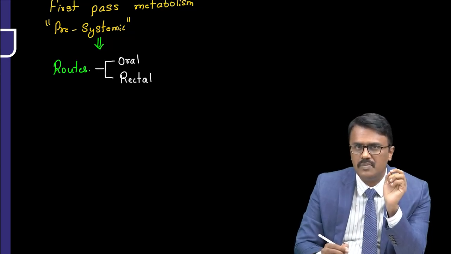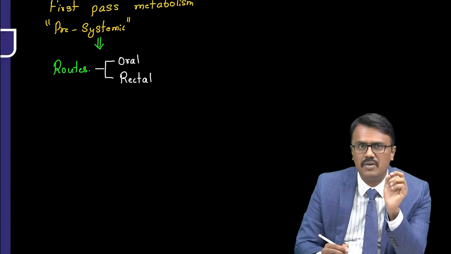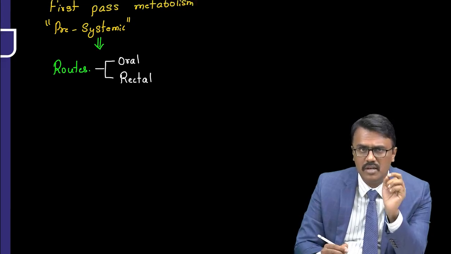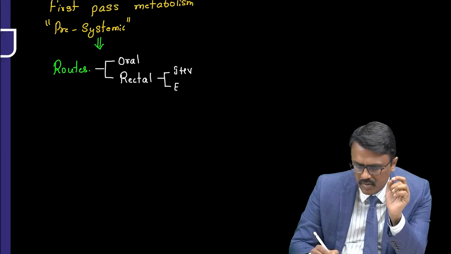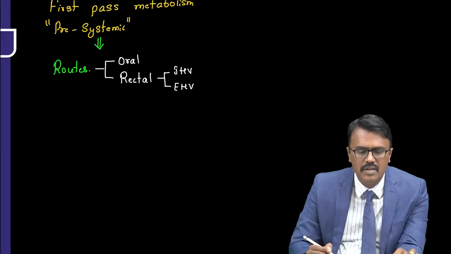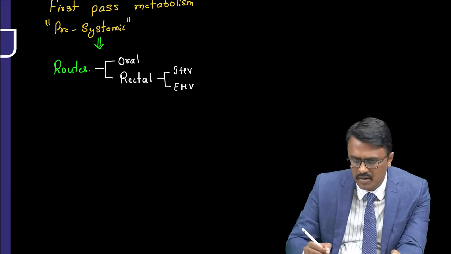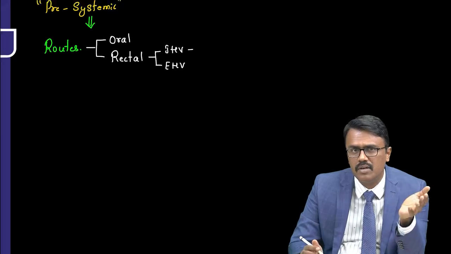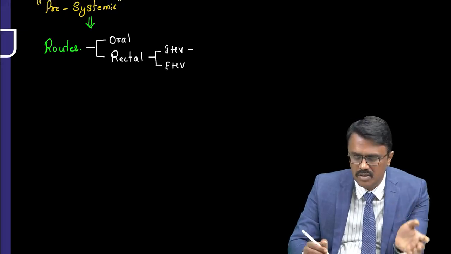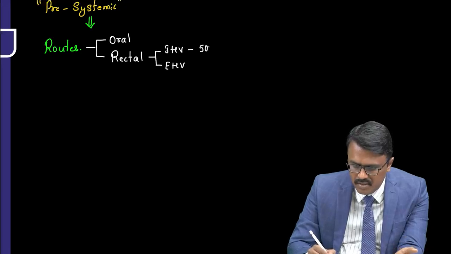Now rectal route is special because the drug is absorbed from the rectal route through two important veins, the internal hemorrhoidal vein and the external hemorrhoidal vein. If it is absorbed from the internal hemorrhoidal vein, it will go to the portal vein. Portal vein will go to the liver. So it will have 50% first pass.